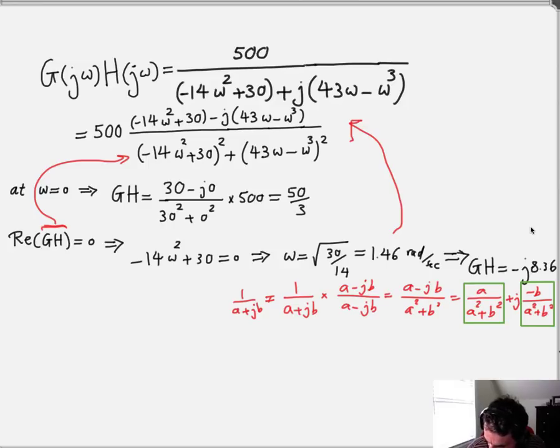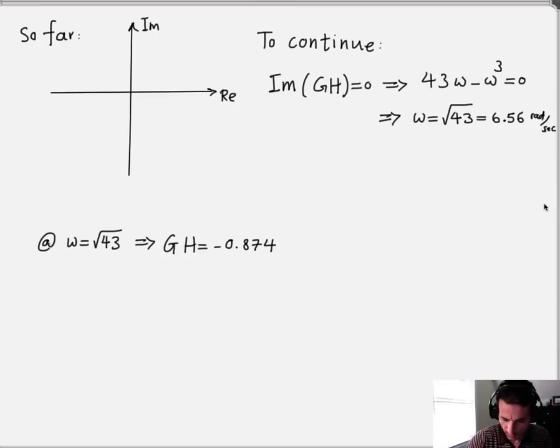But as we increase the frequency to omega equal to 1.46, it's going to hit the imaginary axis at negative j8.36. If you want to connect the pieces we have identified so far, you start at this point, which is associated with omega equal to 0, and this point is 50 over 3.